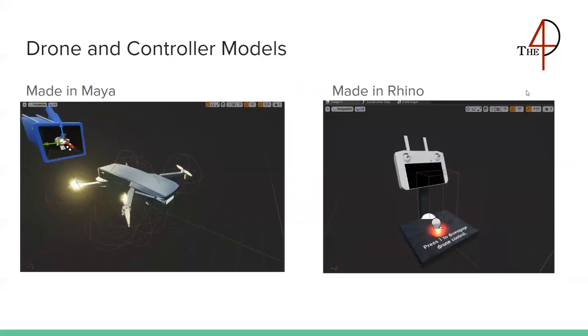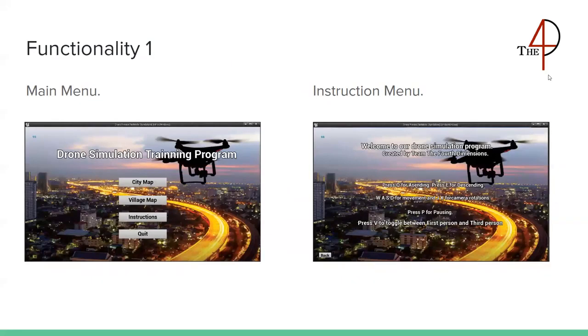So we decided to make our drone models in Maya and our controller models in Rhino. We eventually imported both models into Unreal, along with some programming. So I'm also going to talk about the functionality. For functionality 1, we have the main menu and instruction menu set up. For the main menu, we have 4 tabs for the user to click on.